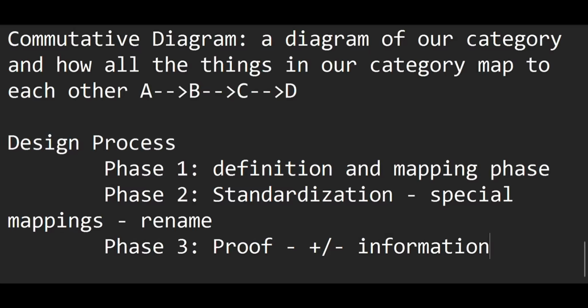In category theory, there are specific tools that we can use to analyze how we have created our diagram. It doesn't necessarily change the diagram, it just defines what we've written so far. And that was pretty much it.